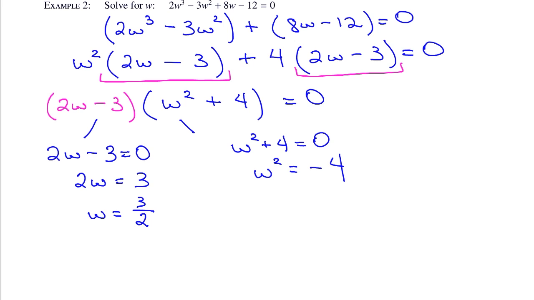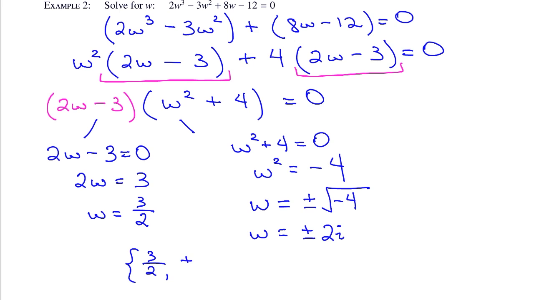Take the square root of both sides, and I get w is equal to plus or minus the square root of negative 4. Since we're taking the square root of a negative number, we end up with an i, and then the square root of 4 is 2. So this is plus or minus 2i, and the solution set is 3/2 and plus or minus 2i.